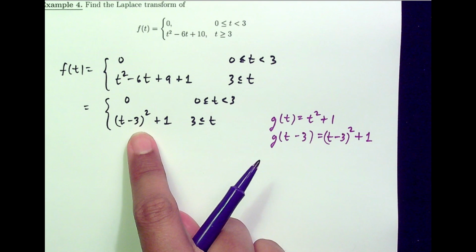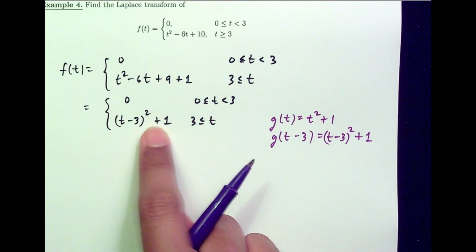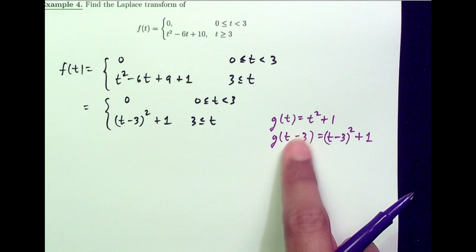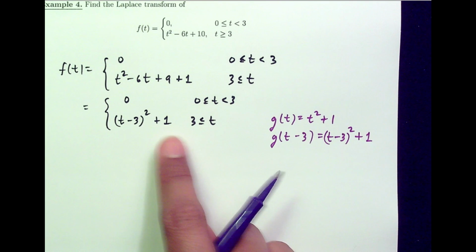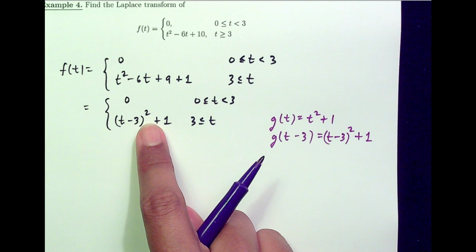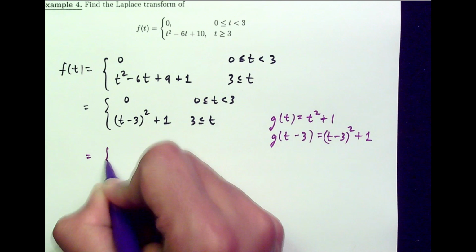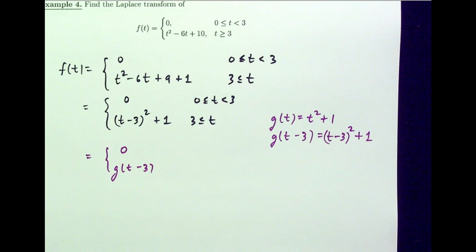The minus 3 part is the translation. So if you plug in t minus 3 into the original function, you would indeed get this. You see?